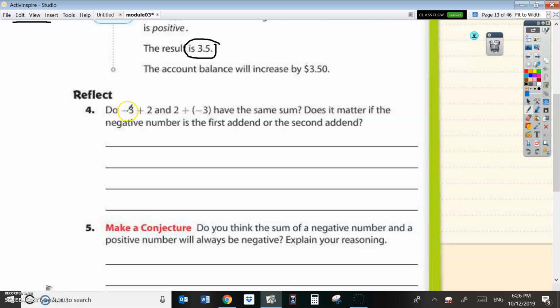So do negative 3 plus 2, and 2 plus negative 3 have the same sum? So that's negative. And again, it's negative. That's positive. And again, that's positive. Does it matter if the negative number is the first addend or second addend?